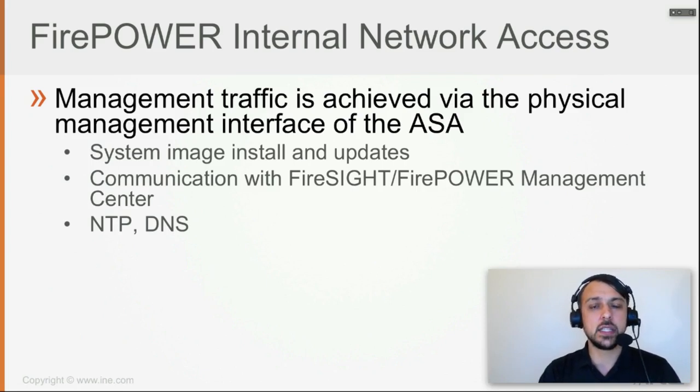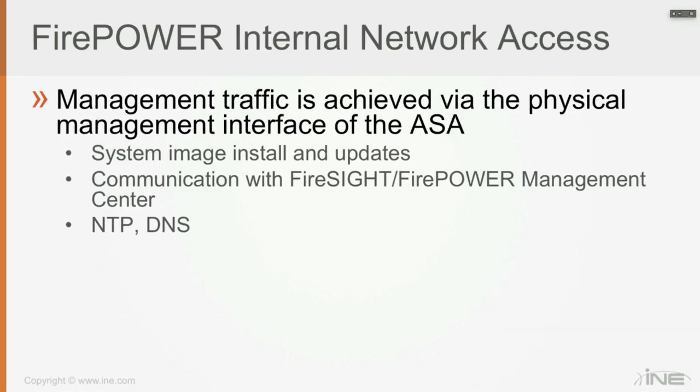Likewise, DNS is required by the Firepower, for example, to resolve URLs to IPs, which is also used for AMP. So for the Firepower system to do a proper AMP, it needs, of course, DNS to Cisco's cloud. If you want to do URL filtering, clearly it has to properly resolve names to IPs. All the traffic is being done via the management interface.